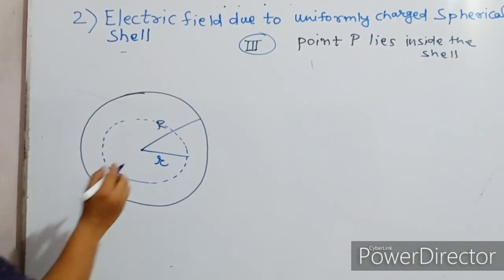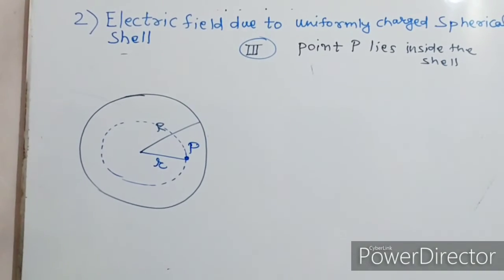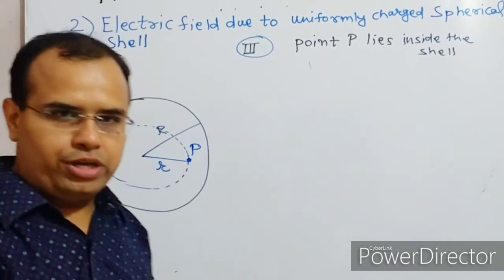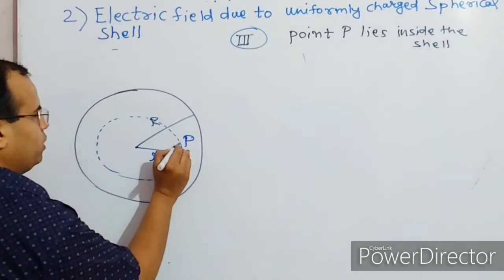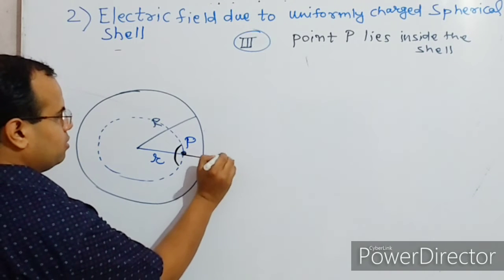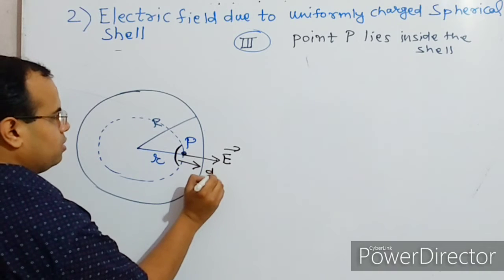Now point P is lying somewhere here. This is point P, and we have to find the electric field intensity at this point. So here again you will take a small area, you will be writing it as E vector, and this as ds vector.